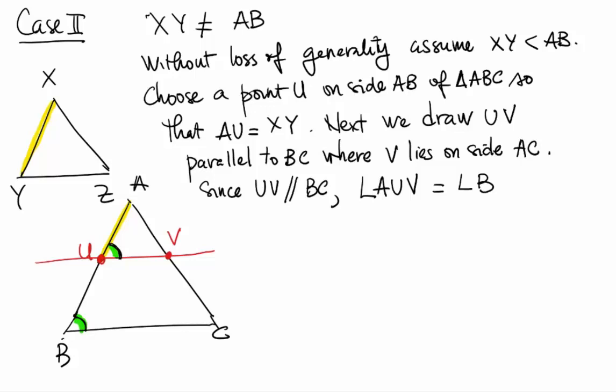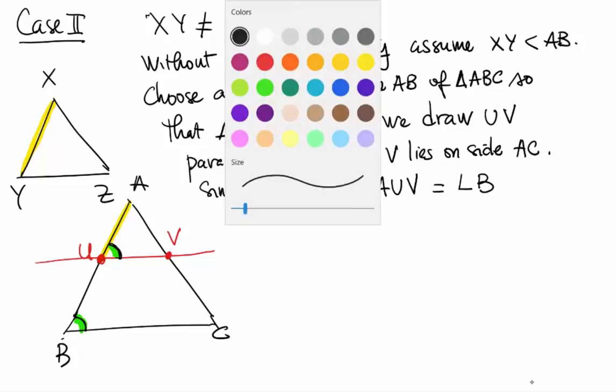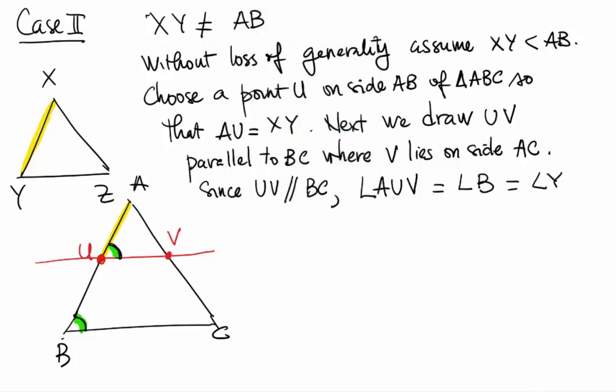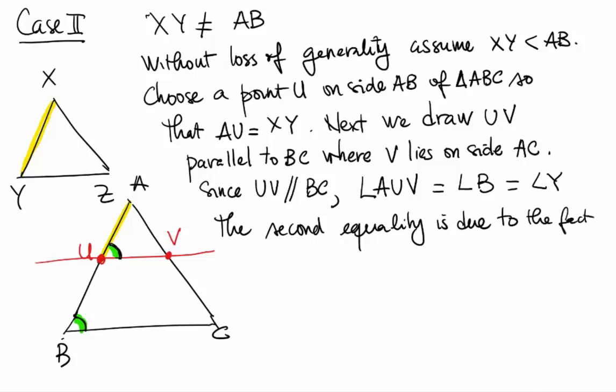And by assumption, we know that angle at B is equal to angle at Y. The second equality is due to the fact that ABC is similar to triangle XYZ.